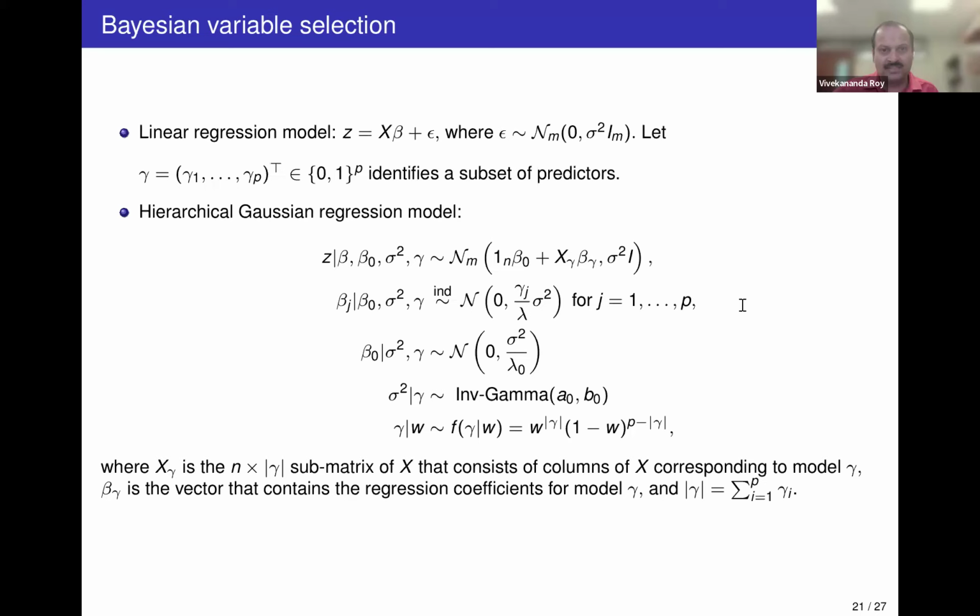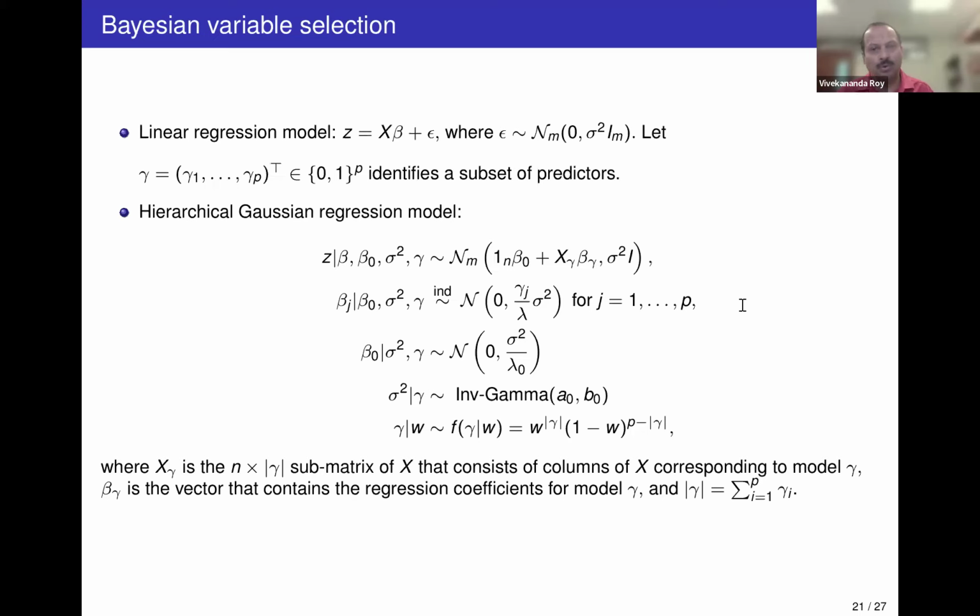A popular approach in Bayesian variable selection is to consider this hierarchical model by introducing this binary latent vector gamma. It's a p-dimensional binary vector, so each component takes 1 or 0.